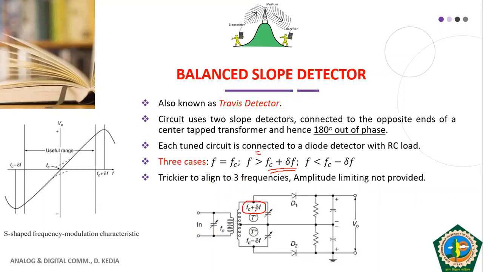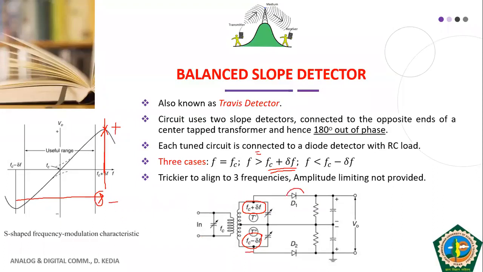It means the upper portion of the circuit will give the maximum output because it is the resonant frequency of the incoming signal. Fine. And what will be the output for the second portion of the circuit? Since fc plus delta f is very, very far away from the resonant frequency of the lower portion, it will give the minimum output.